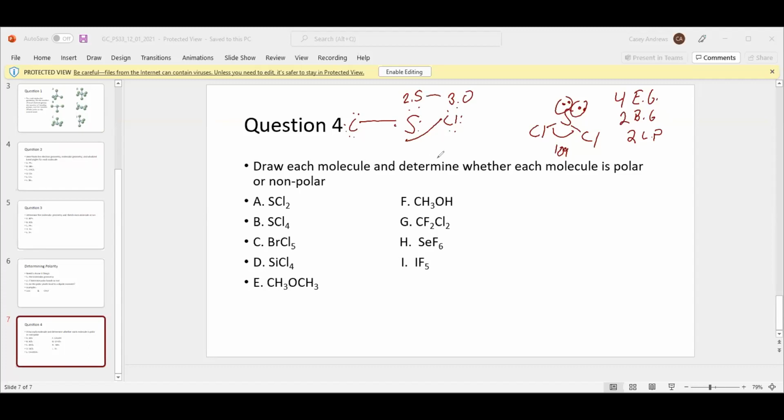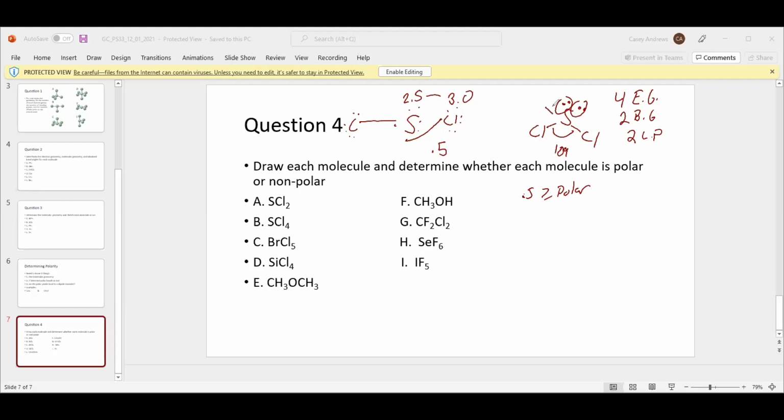So you subtract those two numbers and find that the difference is 0.5. And if it's basically 0.5 or greater, that's a polar bond. Right, so now we draw arrows.